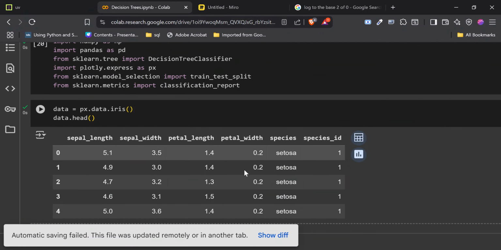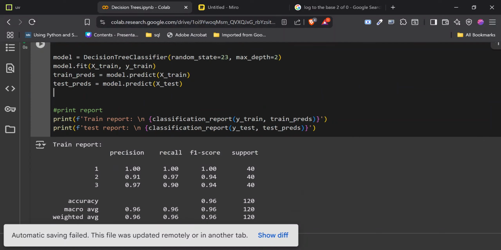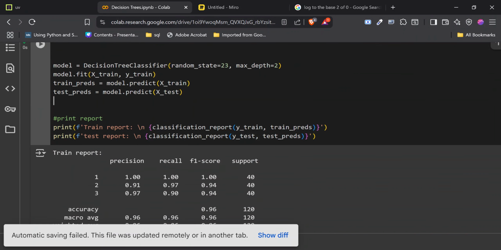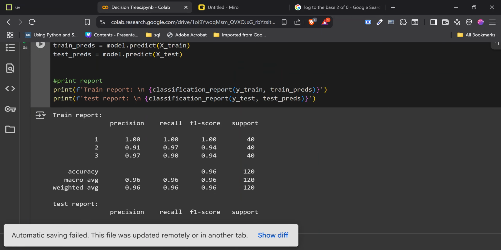If you're interested in regression also, it's the same thing: you just have model equals DecisionTreeRegressor. It takes almost the same parameters apart from criterion, and you fit, train and test in the exact same way. Your evaluation metric is going to be something like RMSE, root mean squared error. So that is that on decision trees.